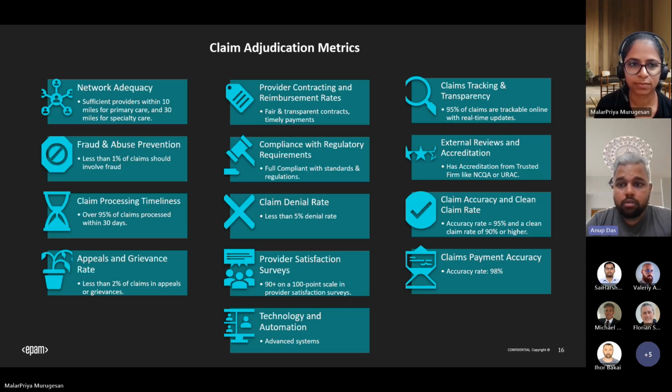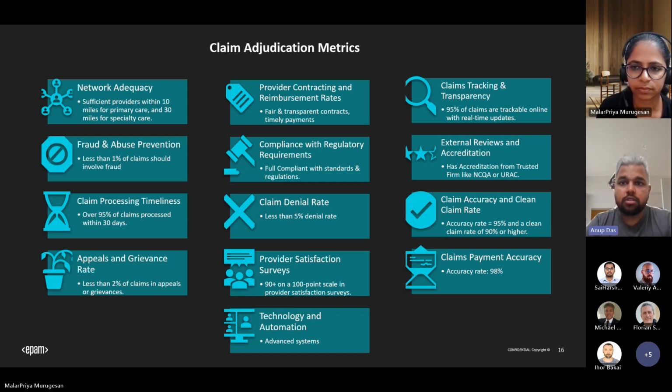Now, moving on to the next one: provider contracting and reimbursement rates. Efficient contracts with the providers and negotiated rates, and having clarity on that, helps the members, the providers, and other third-party vendors in claim resolution.